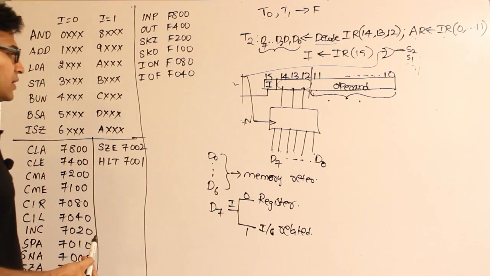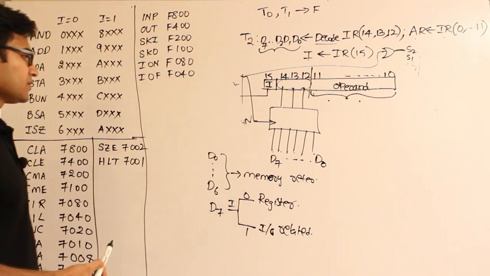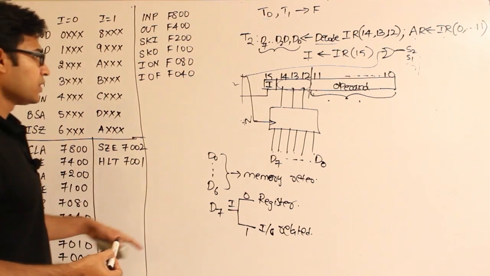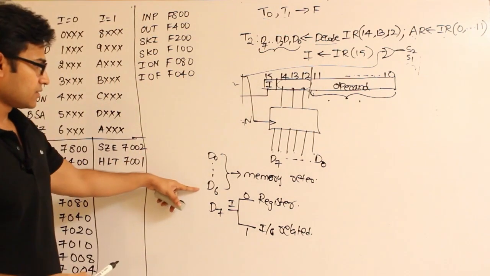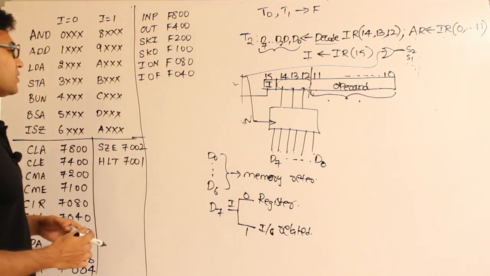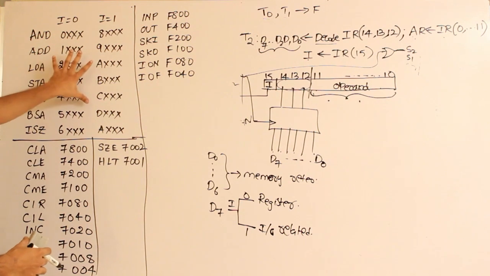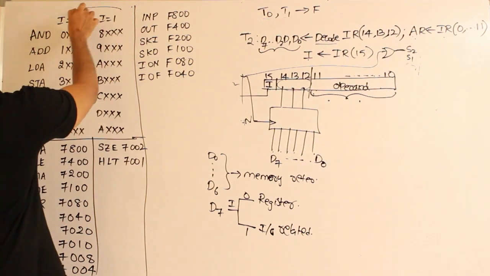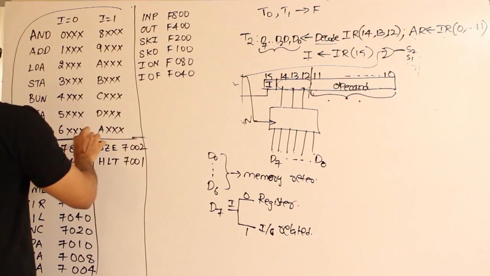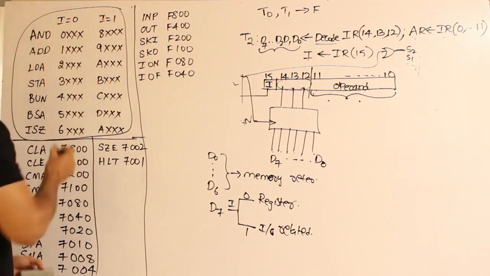Are you understanding this? So how can we decide what type of instruction it is? By looking at these decoder outputs. If it is D0 to D6, they are all memory related instructions. You can look at this. This part, the first part I have written here, is all memory related instructions.